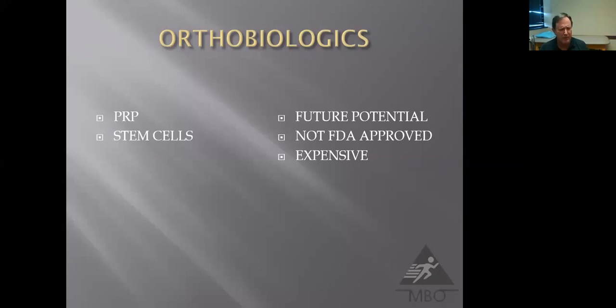Presently, the position of the American Academy of Orthopedic Surgeons is that there's no evidence that they're either safe or effective. Now, they probably have some future use, and we just haven't figured out what that use is, what patients will benefit and what patients won't. It's not covered by any insurance, and it generally tends to be expensive. I've seen people charged $10,000 for injections of stem cells. It's not FDA approved.